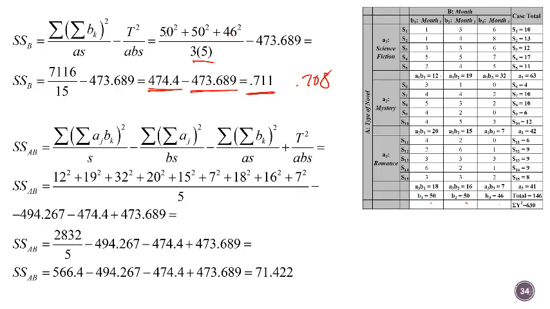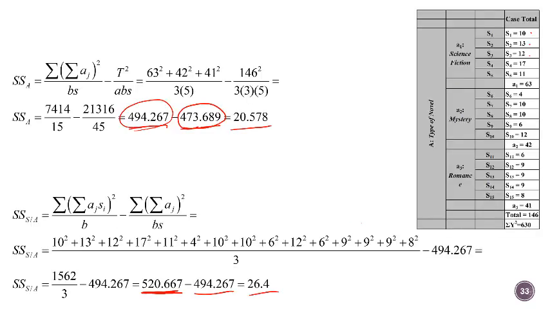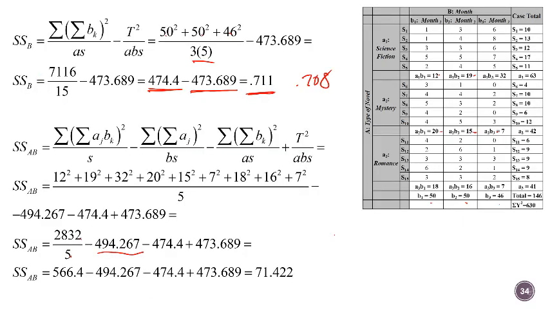For AB, I'm taking each of the cell means here, all squared, added up, divided by 5, ends up being 2,832 over 5, right, minus 494.267. 494.267 is from here, it's the A component, it's this thing here. 474.4 is from here, which is this thing.